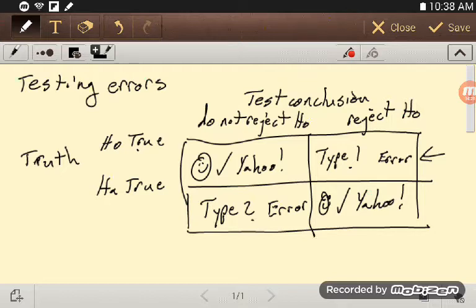Okay, so the only way to make a type 1 error is if H0 is actually true. Because the type 1 error is up in this row, type 2 error is down in this row. So we only make a type 1 error if our null hypothesis is actually true.